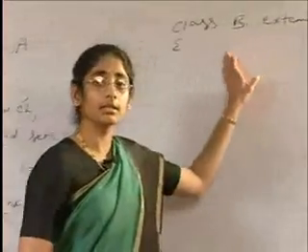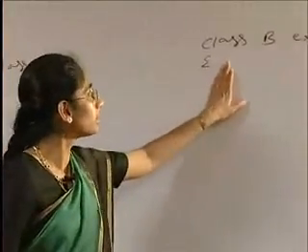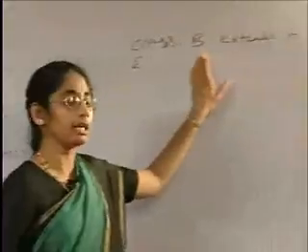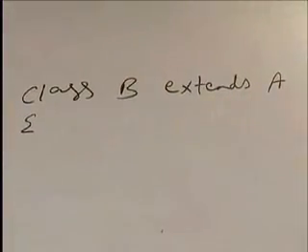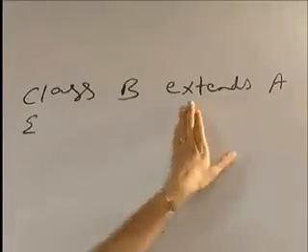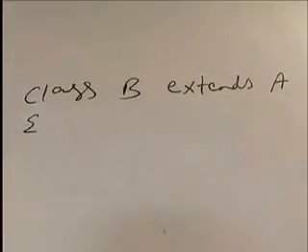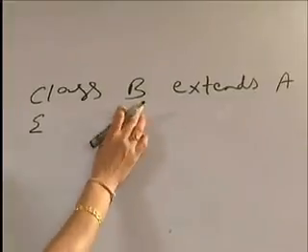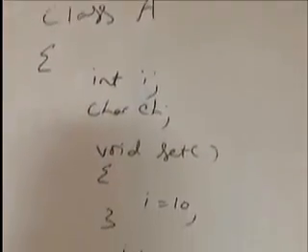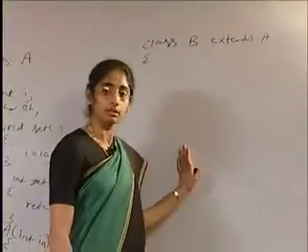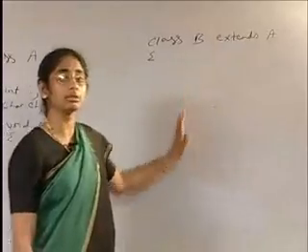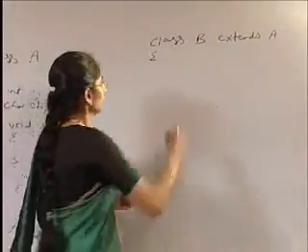So let's take a look at the inheritance part of it. Let's assume that we have class B, which wants to inherit from class A. So the keyword is extends A. Class B inherits all the members that are available in class A, plus it can add on its own features, that is attributes and characteristics.